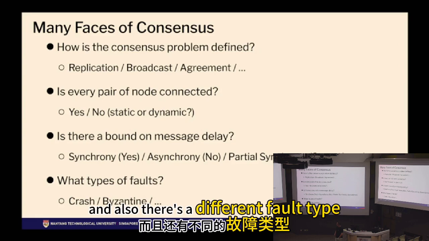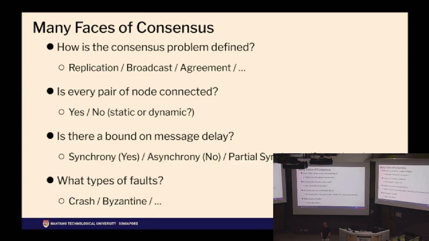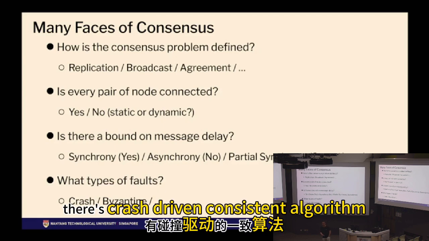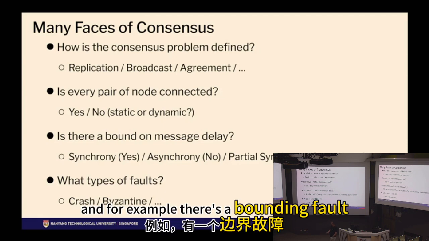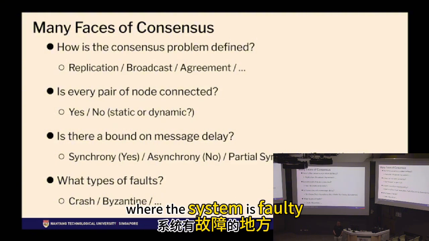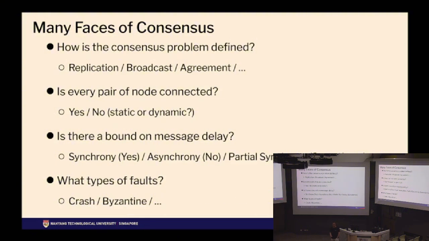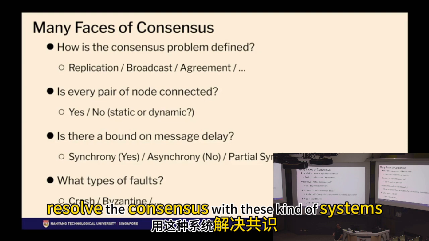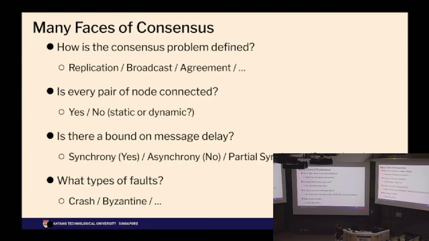And also there are different fault types. If the server crashes, there's crash-fault consensus algorithms. And for example, there's the Byzantine fault, where the system is faulty. How can you resolve consensus with these kinds of systems?